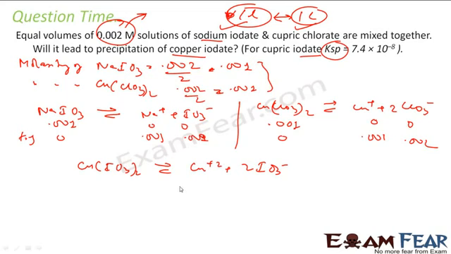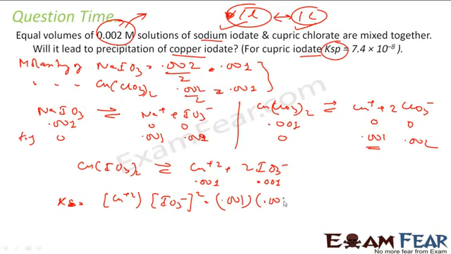The concentration of Cu 2 plus we have now is 0.001, and IO3 minus is also 0.001. If I want to find the ionic product, it is the concentration of Cu 2 plus into the concentration of IO3 minus squared. That is 0.001 into 0.001 squared, which is 10 to the power minus 9.